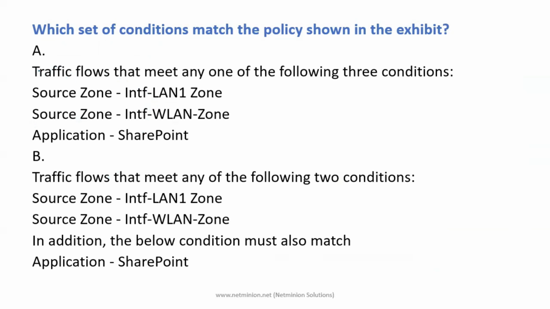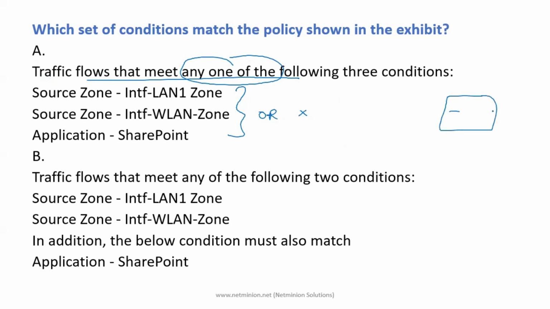So if you see, option A is saying traffic flow that meets any one of the following three conditions. Any one of the three means an OR statement, which is wrong. Here under source we have two, which means it can be any. And there in the application there is one, and in between them there should be AND. Are you getting my point?